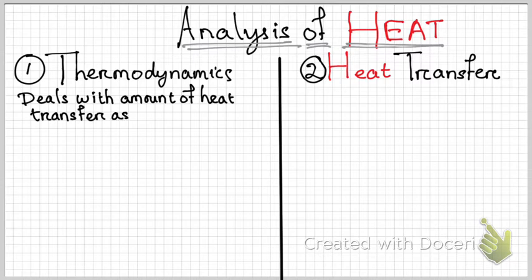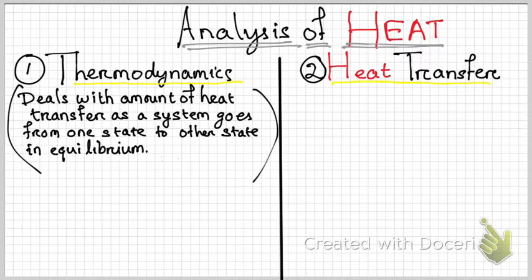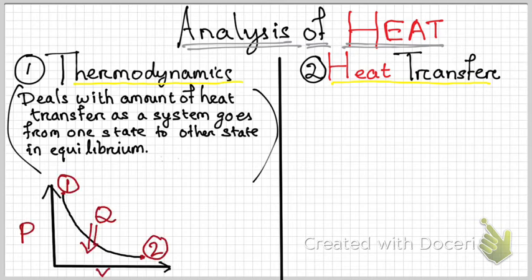Thermodynamics deals with the amount of energy that transfers as a system goes from one state to another in equilibrium. So for example, from state 1 to state 2 in a PV diagram, when it transits, then it is said that Q amount of heat is consumed.